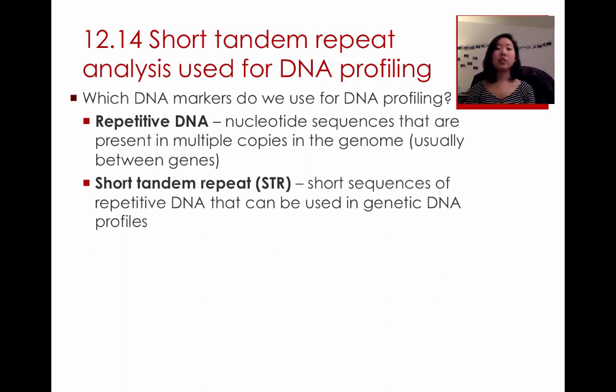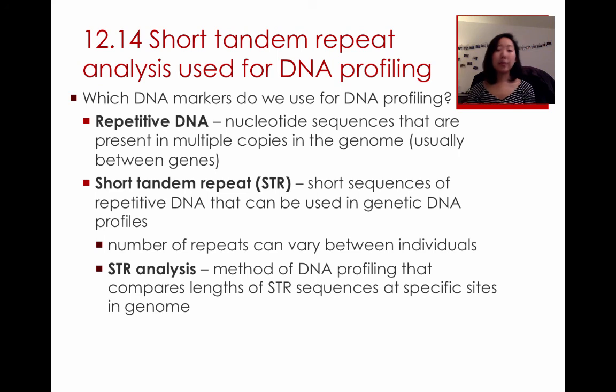Generally, in certain locations in our chromosomes, we all have this repetitive DNA, these short tandem repeats, but the number of repeats we have is different. So I might have only 4 ATs, whereas someone else might have 10 or 15 ATs.